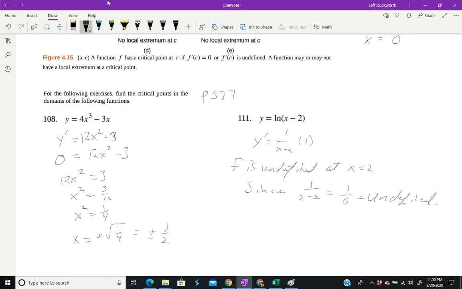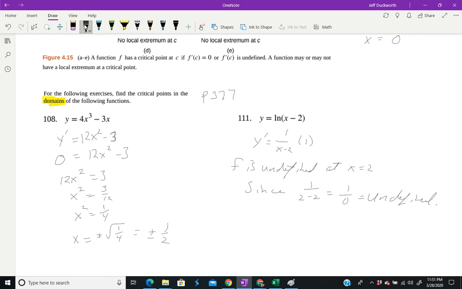All right, but is 2 an answer? So in the instructions it says, for the following, find the critical points in the domains. So we're looking for points in the domains of the following functions. Well, let's check out f of 2.